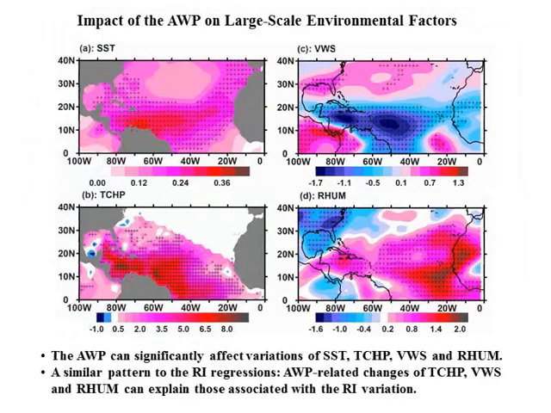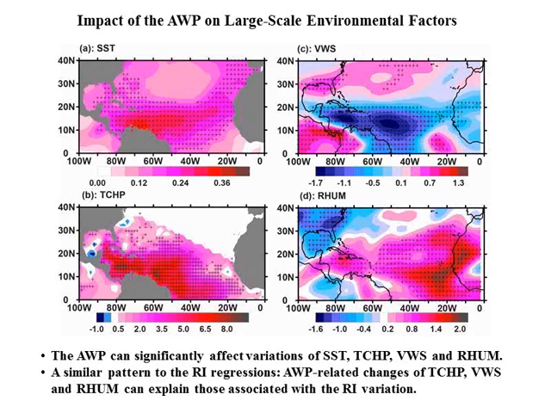Now, the warm pool. Next we take a look at how the Atlantic warm pool changes the ocean-atmosphere variables. What we did here, again, is a regression of the Atlantic warm pool onto SST, TC heat potential, vertical wind shear, and humidity.